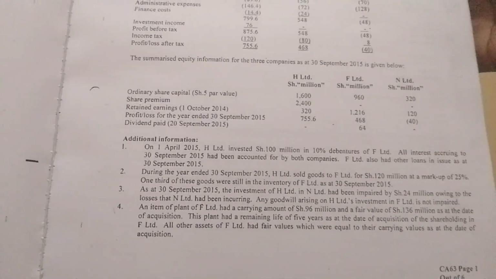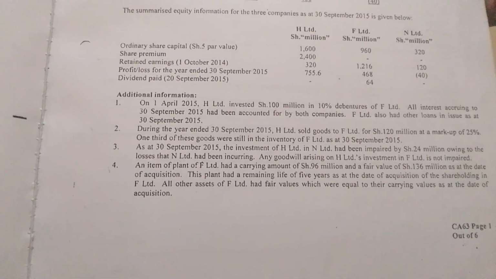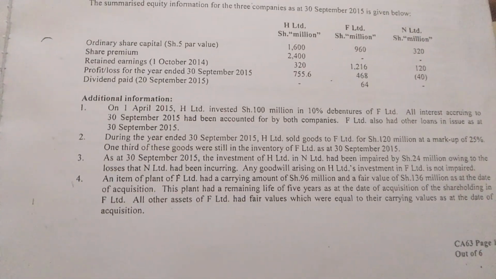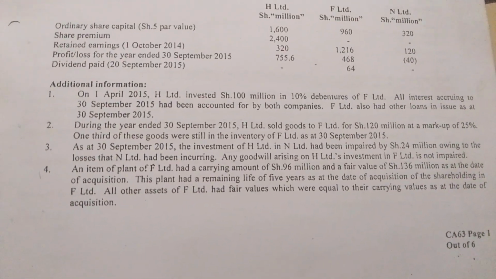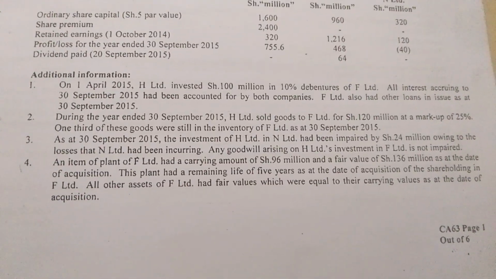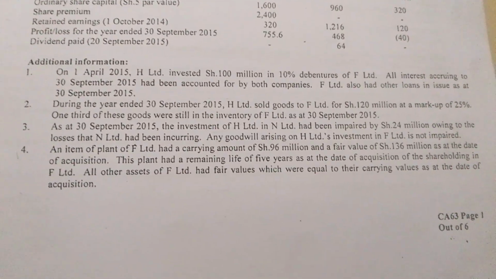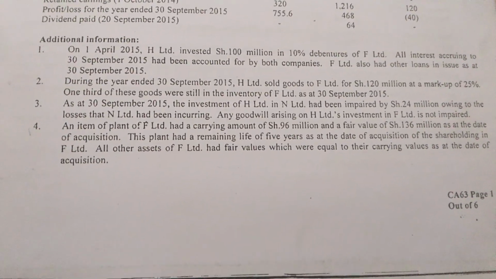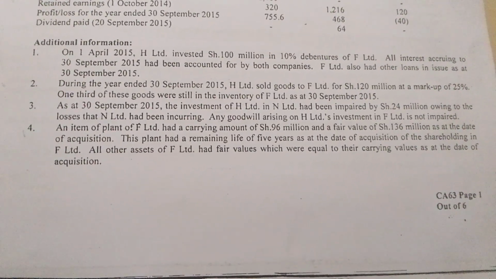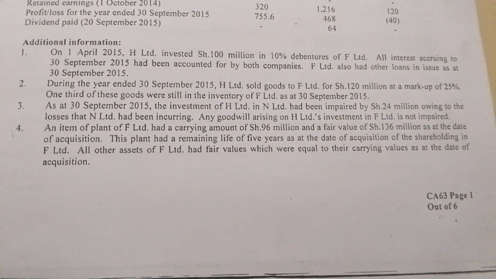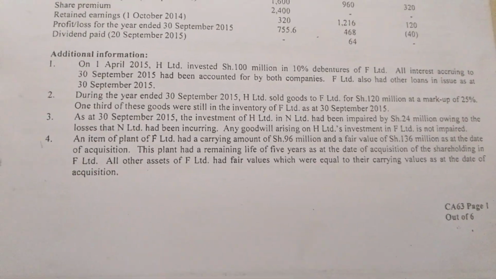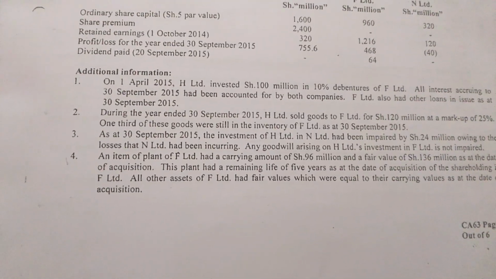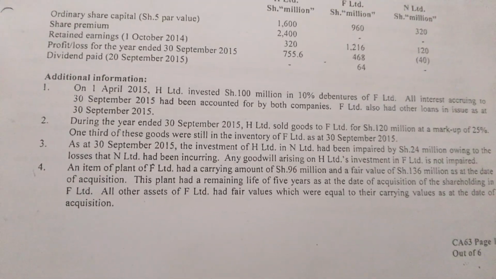Additional information number 1, we are told on 1st April 2015, H Limited invested shillings 100 million in 10% debentures of F Limited, and interest accruing to 30th September 2015 had been accounted for by both companies. F Limited also had no other loans in issue as at 30th September 2015. So that is additional information number one.